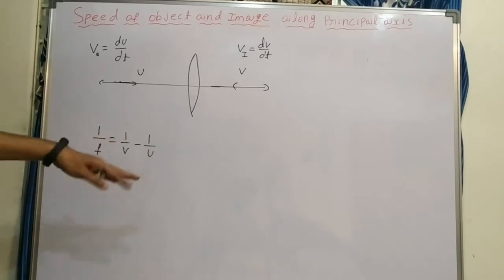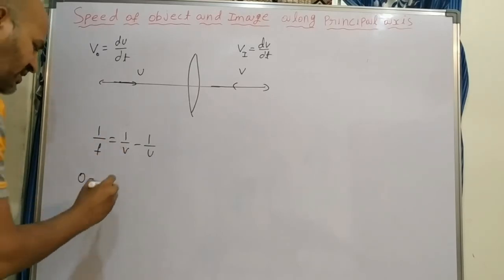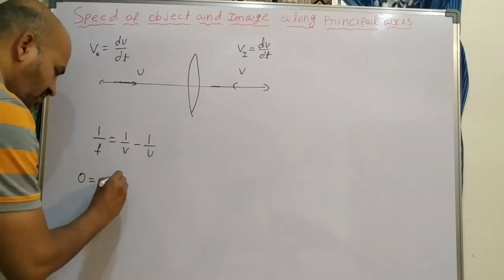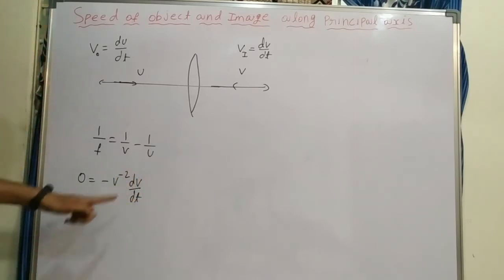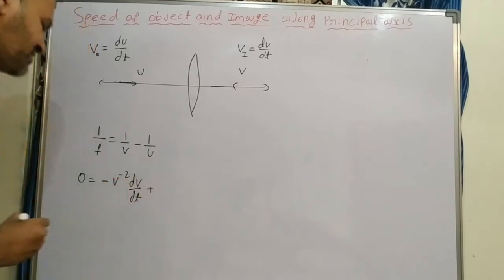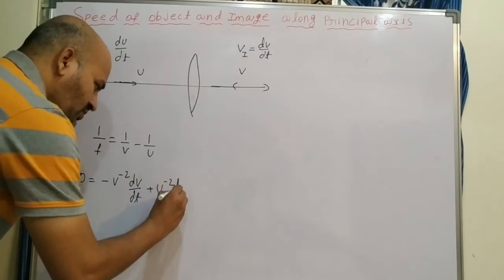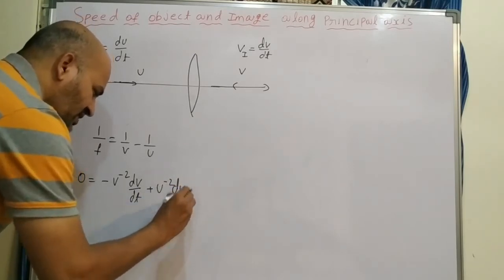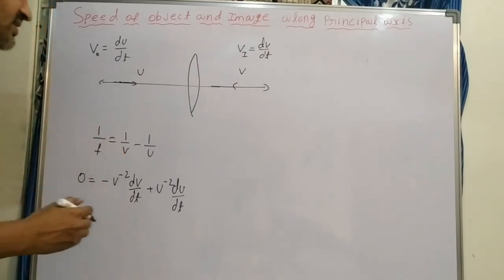So differentiate this equation on both sides with respect to time. This is a constant, so you get 0 here. And for this, you get minus v power minus 2 dv by dt, since the image position is changing with time. Minus, in the formula we have minus this, plus u power minus 2 du by dt. How are we getting this?